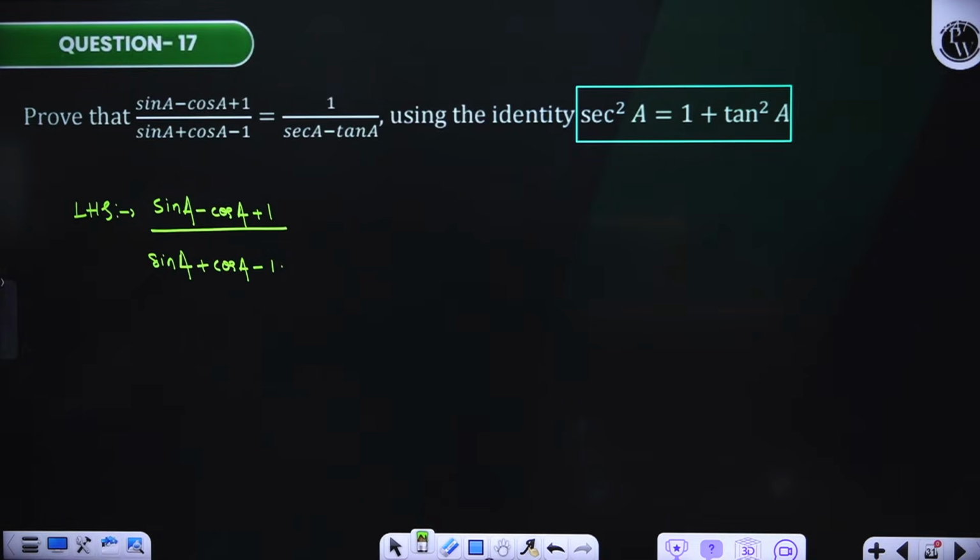Try to do it fast. I am giving 2 minutes, it is a slightly lengthy problem. Try to do it. See how you adjust sin A, or can you multiply and divide by something so that you will get the answer. Should 1 come in the numerator?